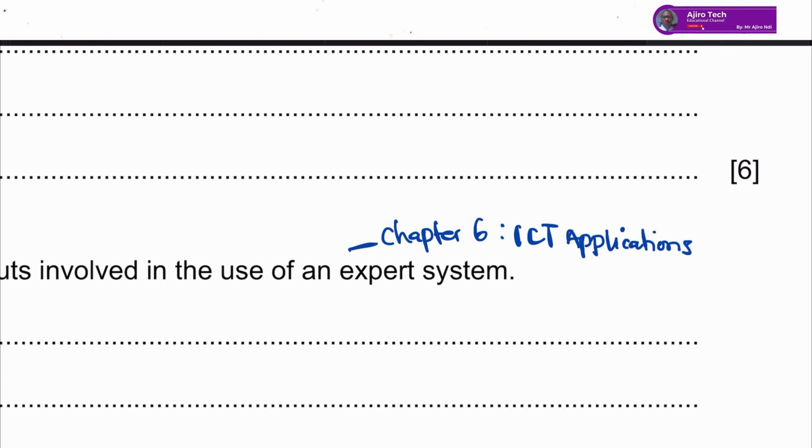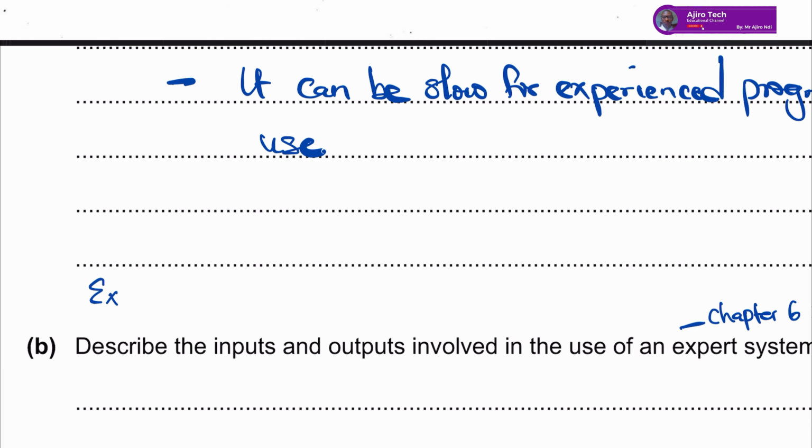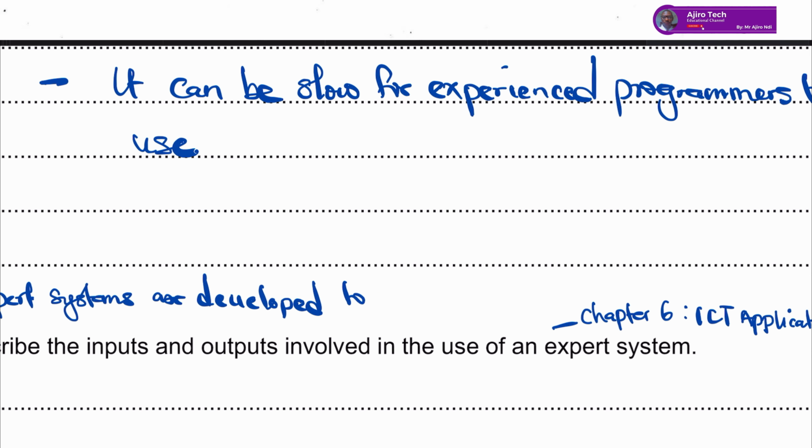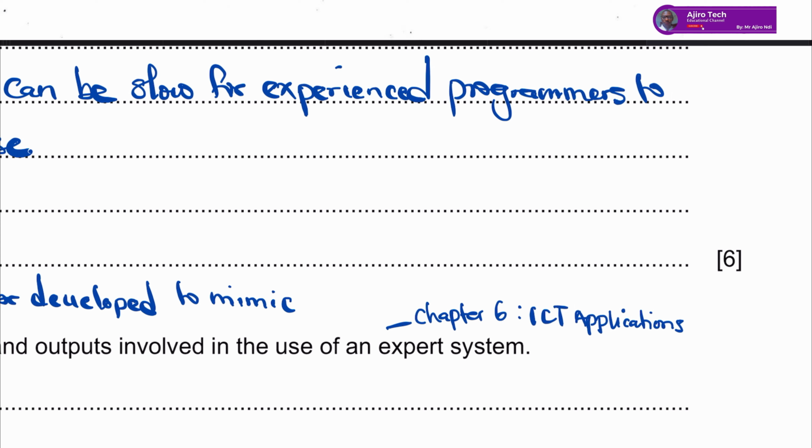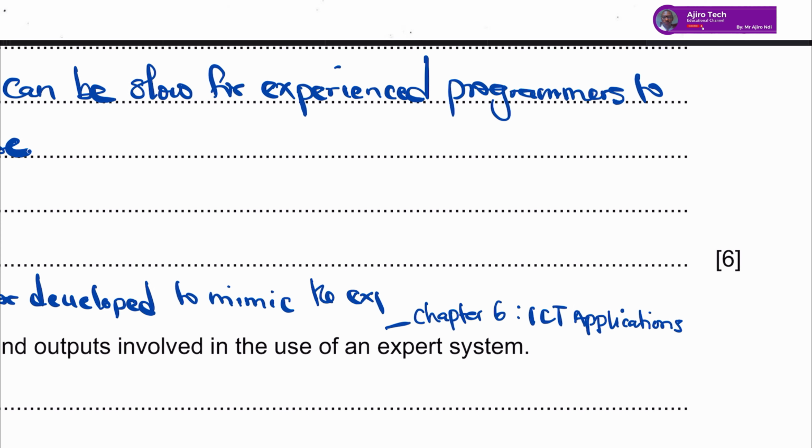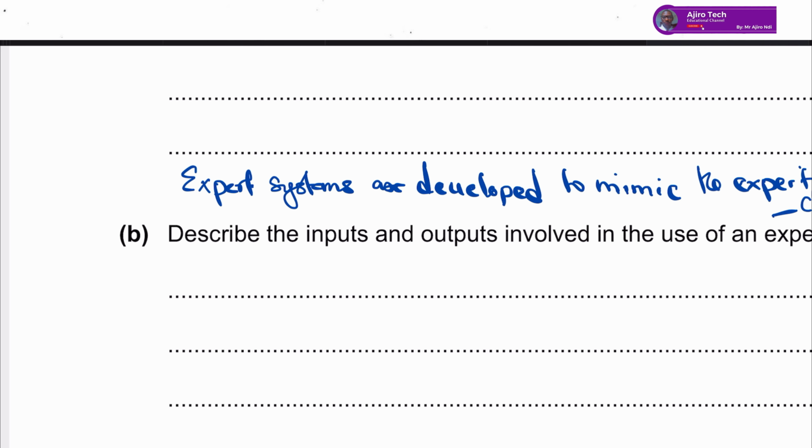Probably write this down because I want you to learn. So expert systems are developed to mimic the expertise, that means people who are knowledgeable in this field, right? And knowledge of an expert in a particular field.